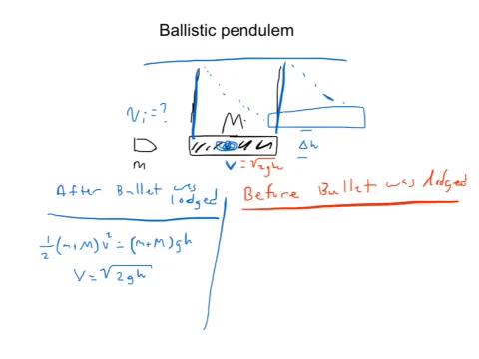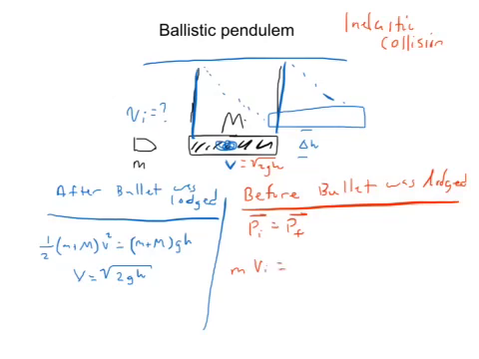Since we have an inelastic collision, when the bullet goes into the block, there's going to be some loss of kinetic energy. So conservation of kinetic energy won't hold up, but we can use conservation of momentum. So we can say that the momentum initially must equal the momentum final. Initially the only momentum was in the little bullet, so little m v initial, and that v initial is what we're looking for.